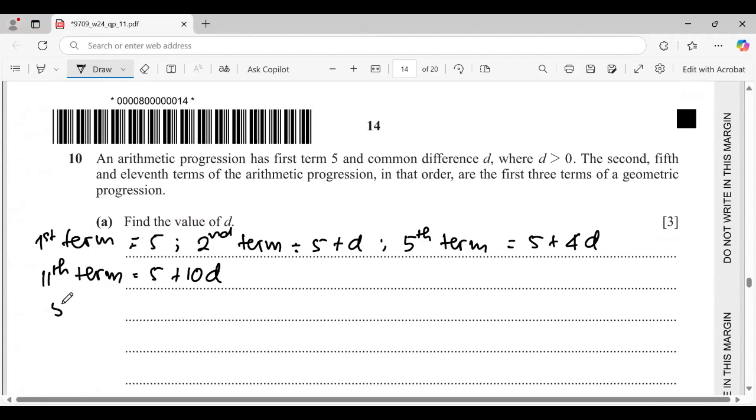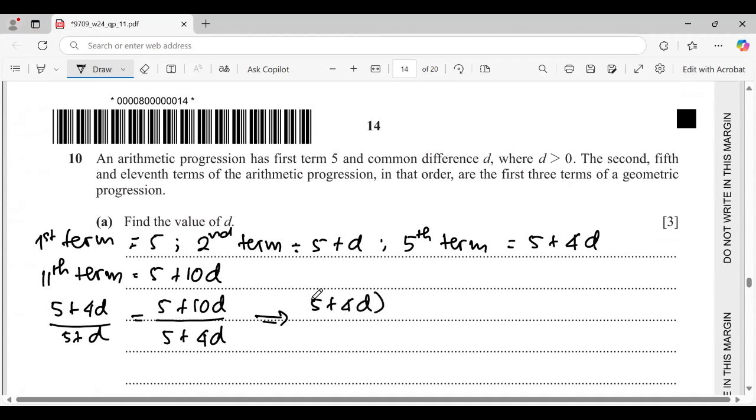So it means (5 plus 4d) over (5 plus d) equals (5 plus 10d) over (5 plus 4d). So through cross multiplication, it is (5 plus 4d) squared equals (5 plus d) times (5 plus 10d).